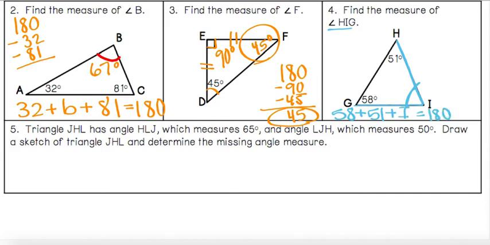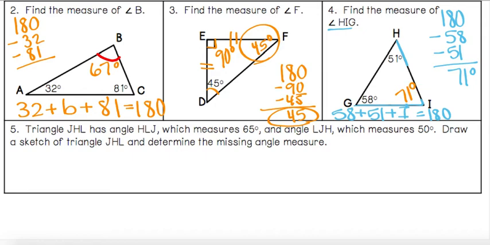Another quicker way would be to just take 180, subtract 58, subtract 51. You can do all of that on your calculator. And when you do that, you get 71 degrees. So what that tells us is angle I is 71 degrees.